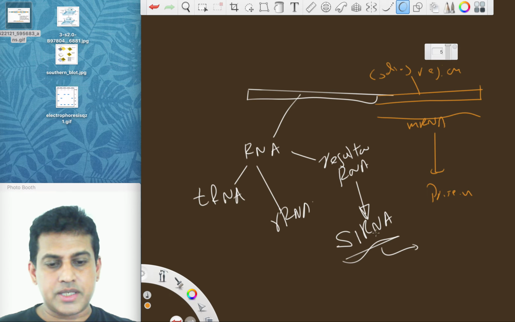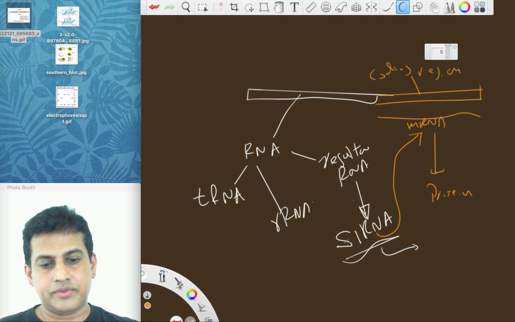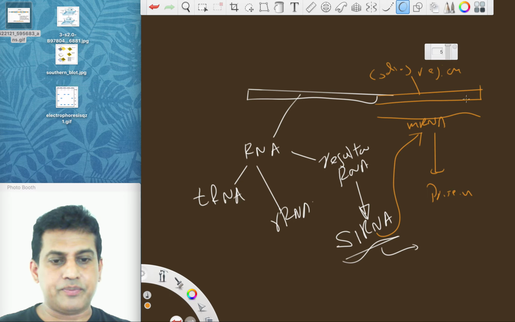Some siRNA break down the messenger RNA, so the RNA cannot make proteins. We learned this in epigenetics. That means how gene expression is regulated: the code is the same, but the expression level is regulated, whether to express the protein or not. That's epigenetics.